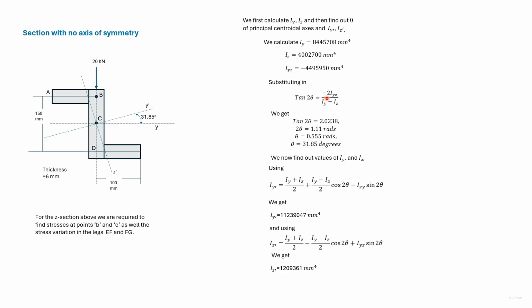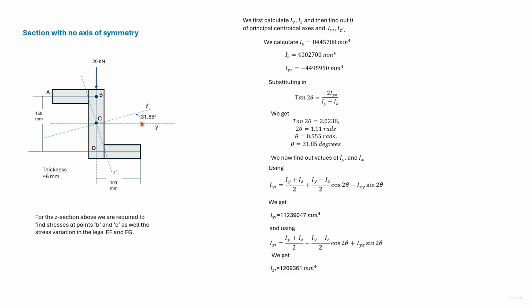With Iy, Iz, and Iyz obtained, we can find out tan 2 theta. So here we find out tan 2 theta and then 2 theta and theta, first in radians and then in degrees.